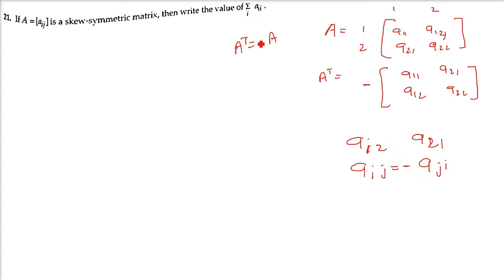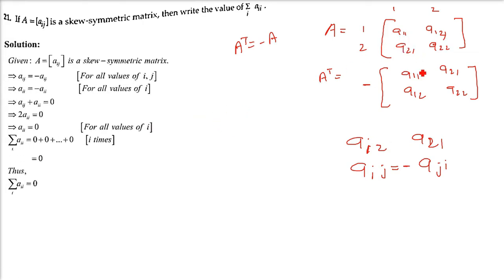When I change the position of row and column, i will become j and j will become i, so Aij is going to become Aji. But it is negative, because it is skew symmetric.